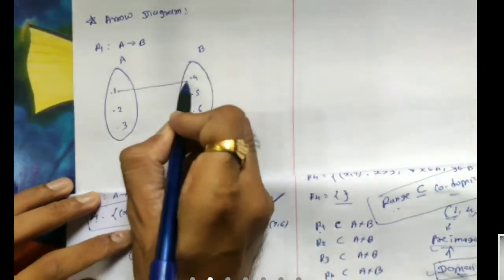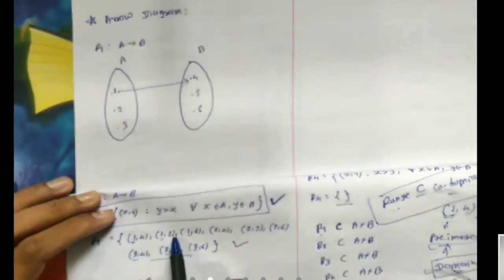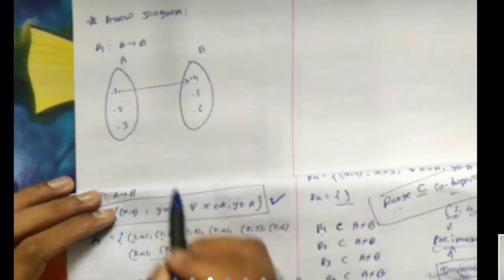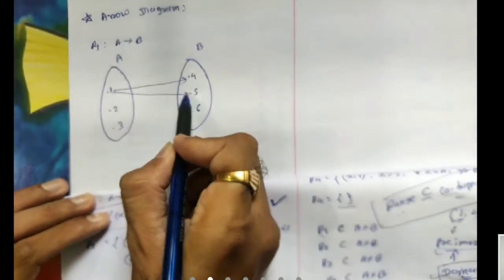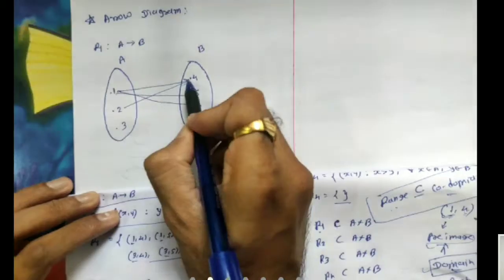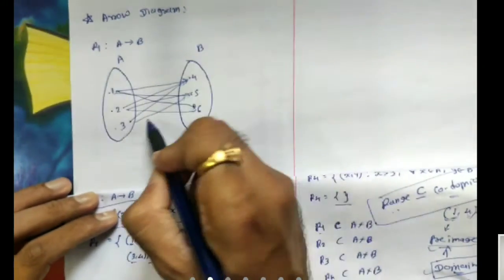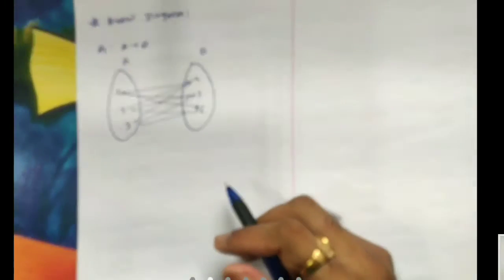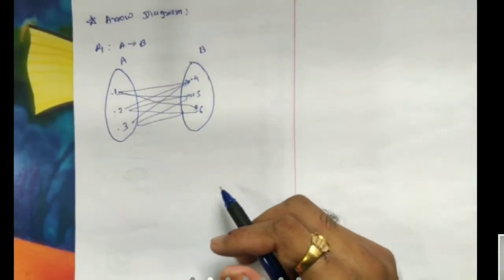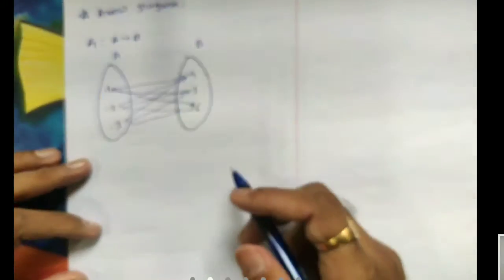So 1 is related to 4, then 1 is related to 5, then 1 to 6. Then 2 to 4, 5, 6, and 3 to 4, 5 and 6. So this is the arrow diagram to represent relation R1. Clear, students? Did you understand how to represent a relation by an arrow diagram?